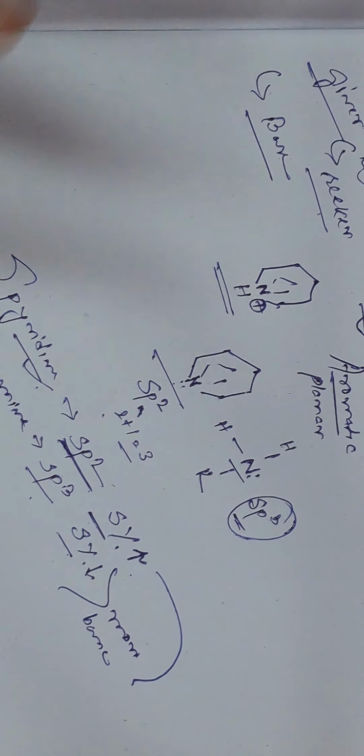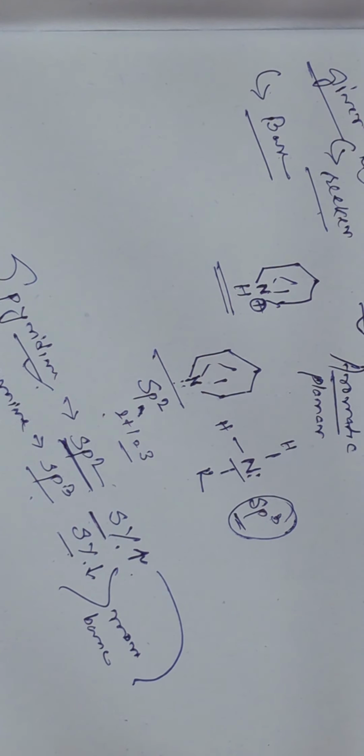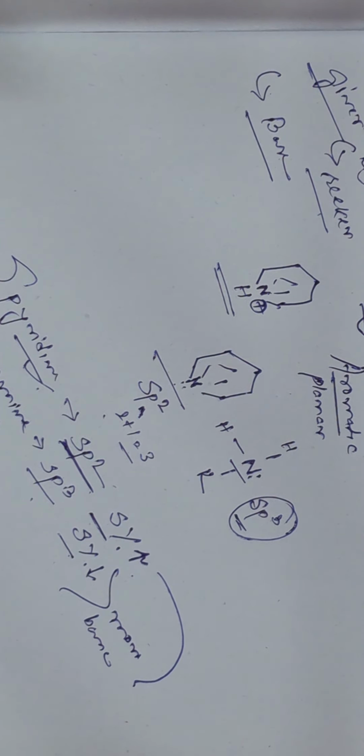So regarding basicity, pyridine is basic. Why is pyridine basic? Because the nitrogen lone pair is there, which can be given to the seeker. Now as far as strength of basicity is concerned, pyridine is not more basic than aliphatic amine, because in pyridine the nitrogen is sp2 hybridized, while in aliphatic amine the nitrogen is sp3 hybridized.